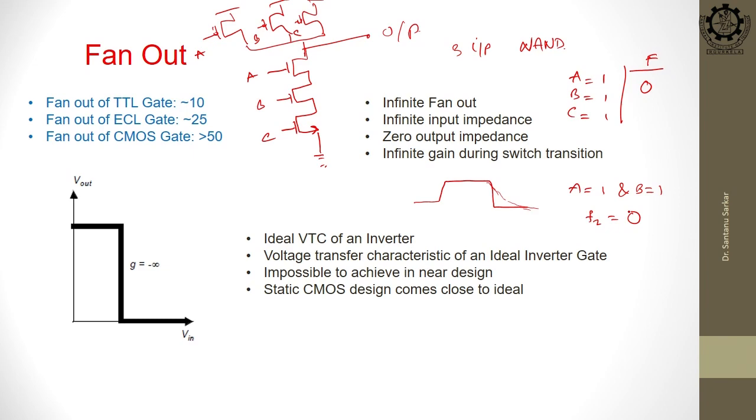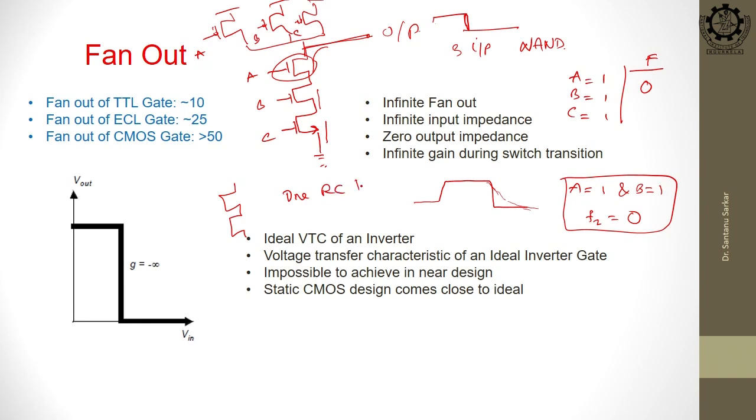Previously this signal was charged to 1. Now I need to discharge this 1 to 0. This discharging will happen through this path, then this path, then this path. So compared to 2 input, here your path is more, so your delay will also be more. So 1 extra RC delay.